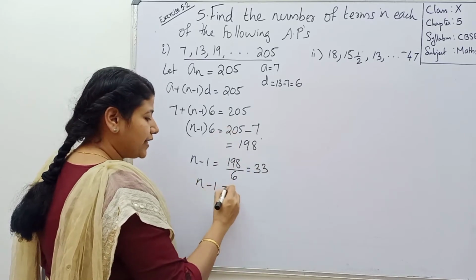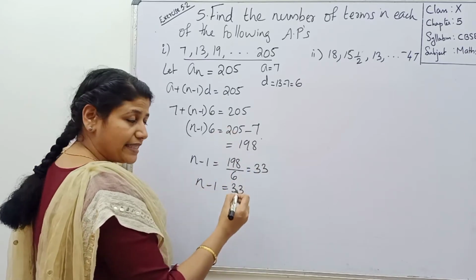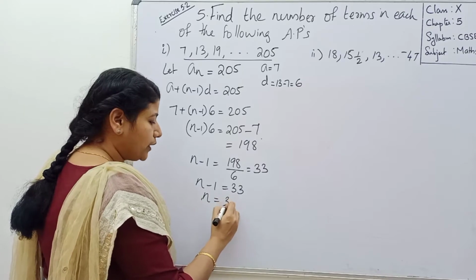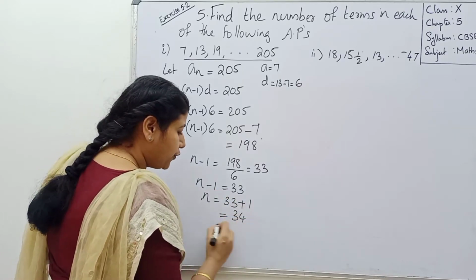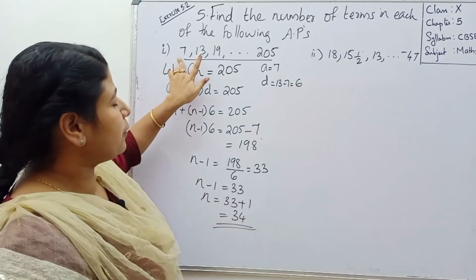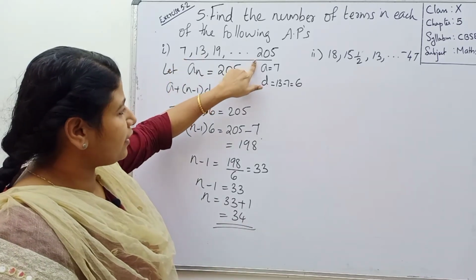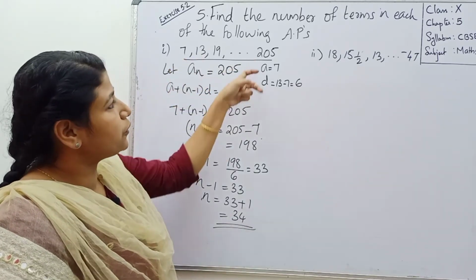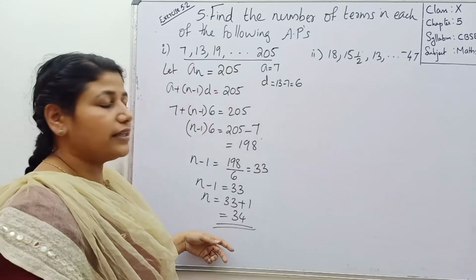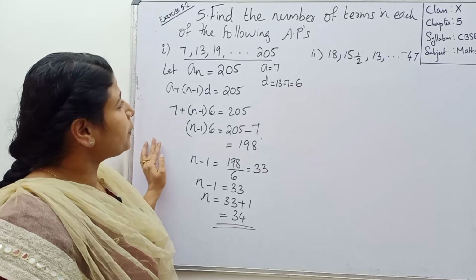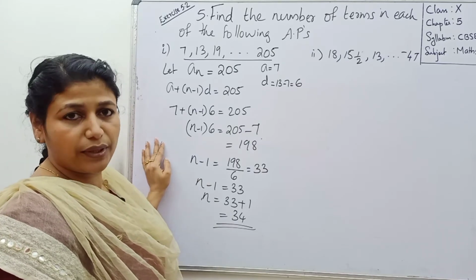Now n minus 1 equal to 33. What does it mean? n equal to 33, this minus 1 will become plus 1. You will get 34. In this arithmetic progression, the position of 205 is 34, or the 34th term is 205, or we can say that in this progression there are 34 terms. ഈ പ്രോഗ്രഷനിൽ 34 terms ഉണ്ടെന്ന് നമുക്ക് കൺക്ലൂഡ് ചെയ്യാൻ പറ്റും.